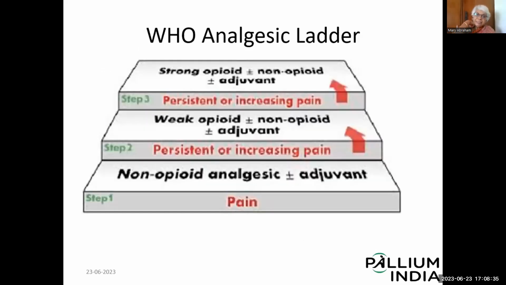Now, the ladder per se is a 3-step ladder. Step 1 is used to treat mild pain, or pain with an NRS of less than 4, or 5 at maximum. In this, we give a non-opioid analgesic along with an adjuvant if necessary. The non-opioid analgesic could be either paracetamol or NSAIDs.